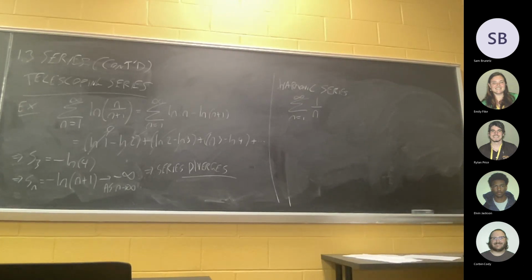As n goes to infinity, the individual terms are going to 0. So that might make you think this has a possibility of converging.